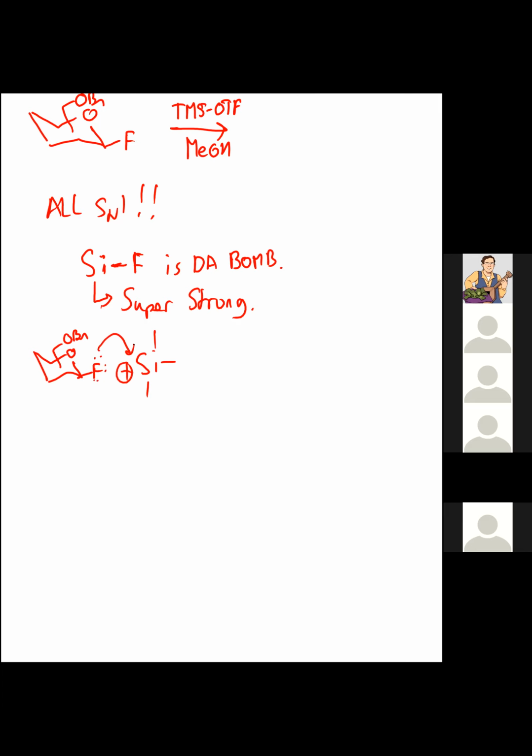That is going to make a covalent bond. Doesn't matter if this is alpha or beta. I've drawn beta because I felt like it. That's neutral now, except the fluorine is now positive. That is not going to last any length of time because I can't think of anything worse in this world than a positive fluorine. It's not really positive. It still has 8 electrons, but you know what I mean.